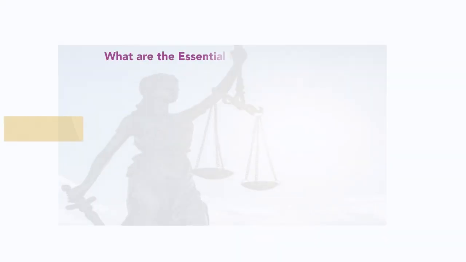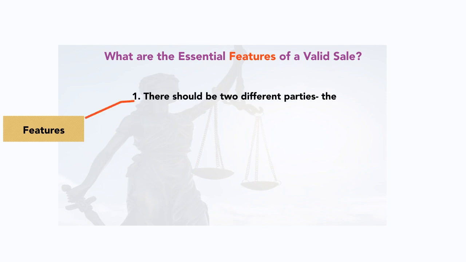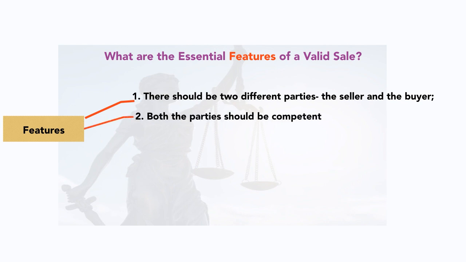Now the next point is, what are the essential features of a valid sale? There should be two different parties, one is buyer and one is seller. Both the parties should be competent to transfer, seller as well as buyer, as we have already studied who is competent to transfer the property.